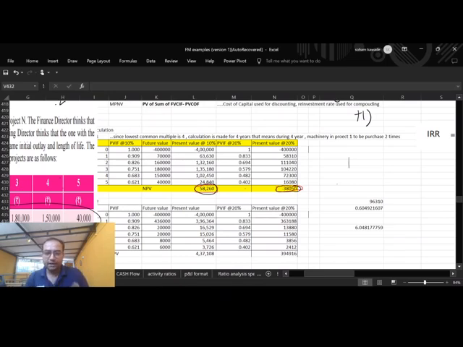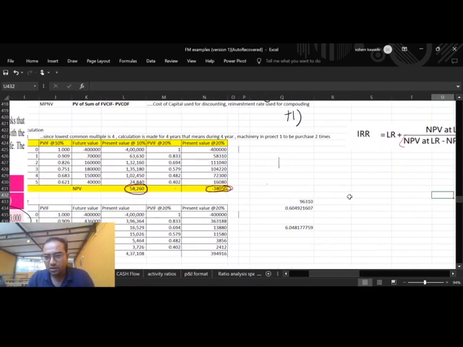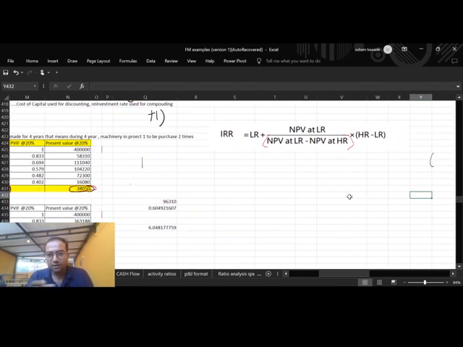So we know that NPV of this project will become zero, that is, IRR of this project lies between 10% and 20%. So how to calculate IRR after this? So IRR formula is lower rate plus NPV at lower rate divided by NPV at lower rate minus NPV at higher rate multiplied by rate difference between higher rate and lower rate.